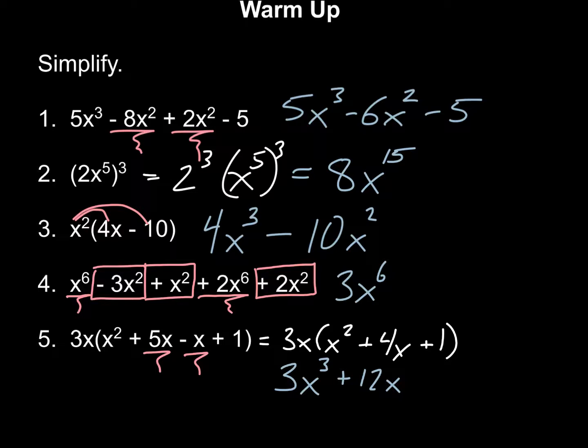X times x is x squared. And then plus 3x. If you have trouble remembering that little rule, you might want to make note of that on your paper someplace. X times x equals x squared. X plus x is 2x.